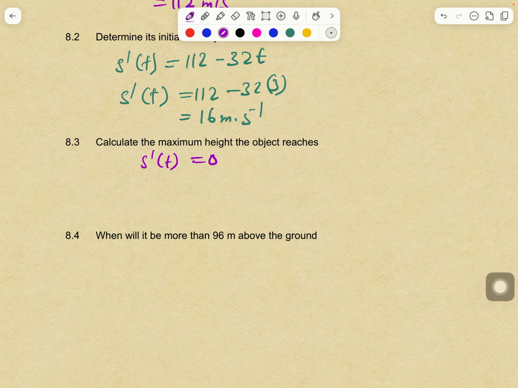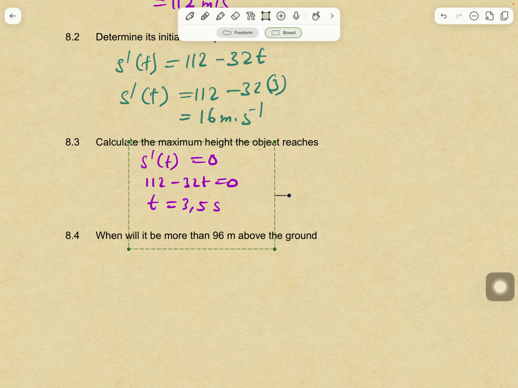Okay, so we get 112 minus 32t equal to 0, and then we solve for t. This looks like a very simple equation. So we say 112 divided by 32, and then we get 3.5.